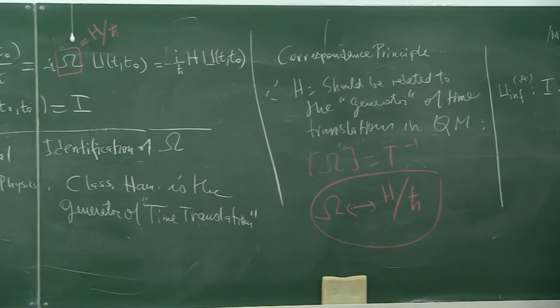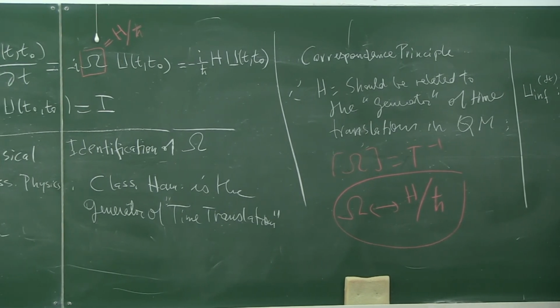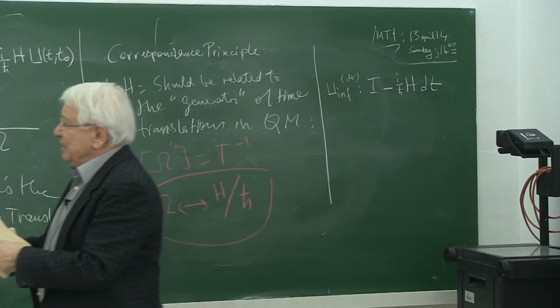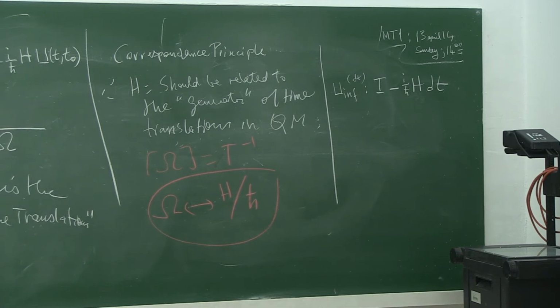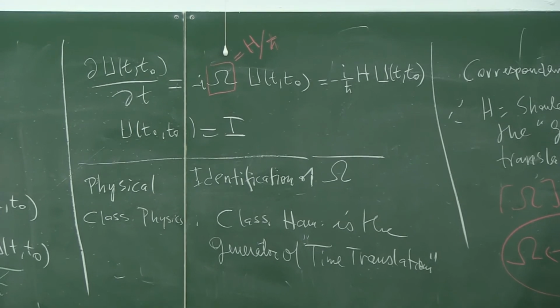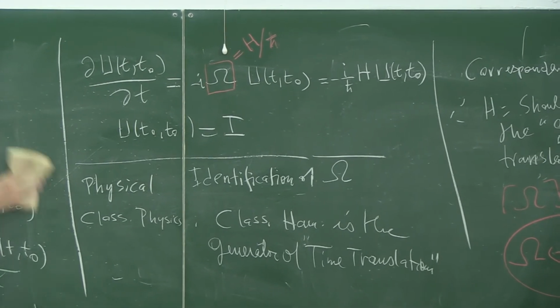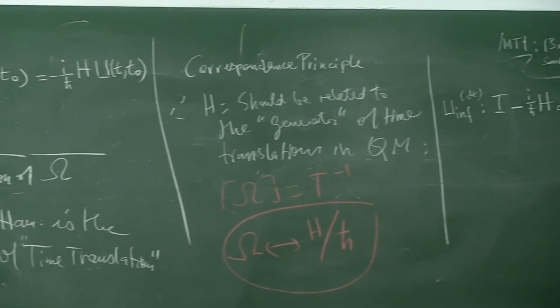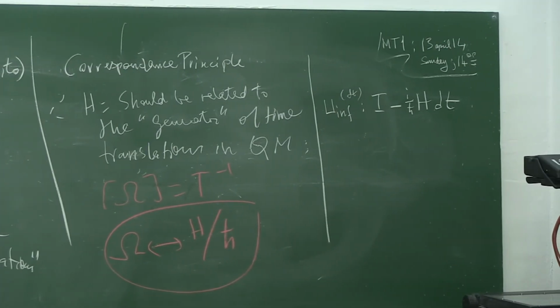Okay. So we can now proceed, because that was an important achievement, although we have really used the correspondence principle in a derivation. It was carrying over information from classical to the quantum region, okay?